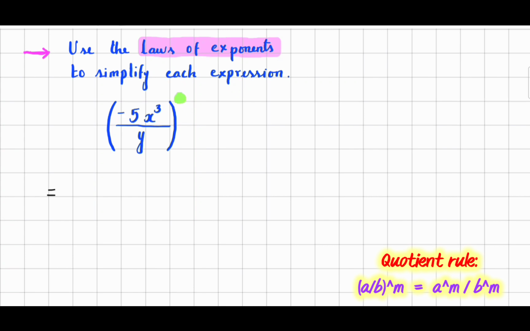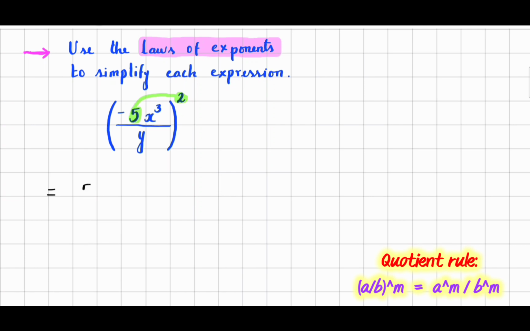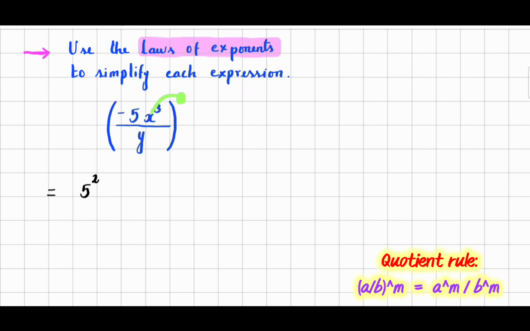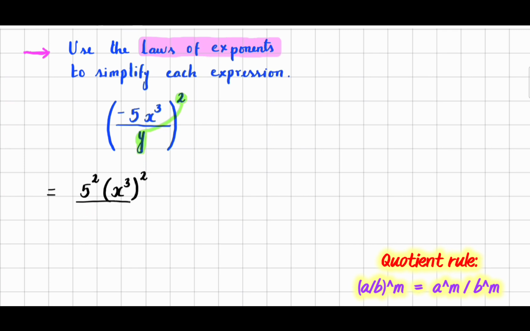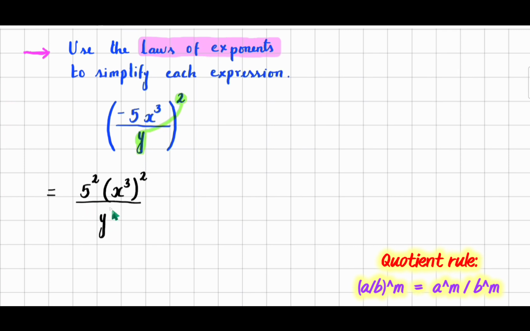Okay, next, if we distribute the power 2 to the base 5, it will be 5 squared. Now let's distribute the power to the base x cubed. We have x cubed, whole squared. And if we distribute the power to the denominator y, we will get y squared.